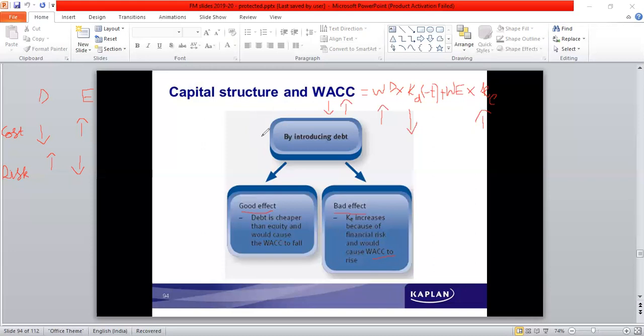Risk is high in case of debt capital. Because risk is rising, the equity shareholders', the ordinary shareholders', expectations also increase. When their expectations increase, the firm has to pay a higher cost of capital in the form of dividend to the shareholders. When the cost of equity capital increases, the overall weighted average cost of capital also increases.